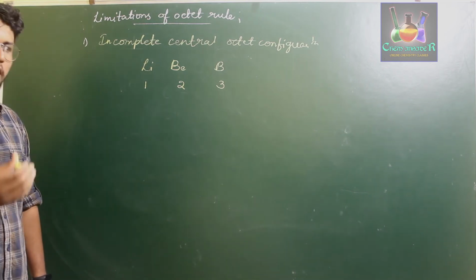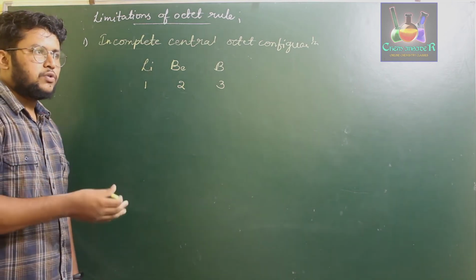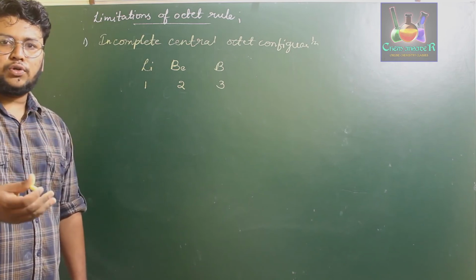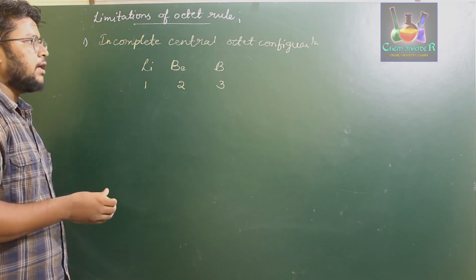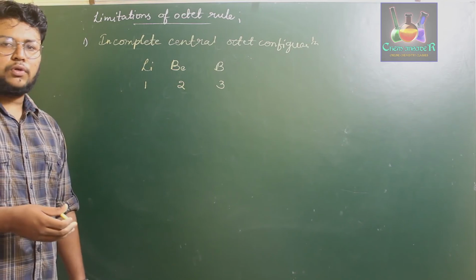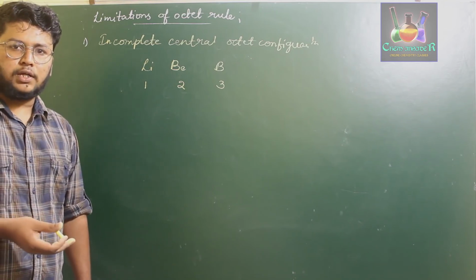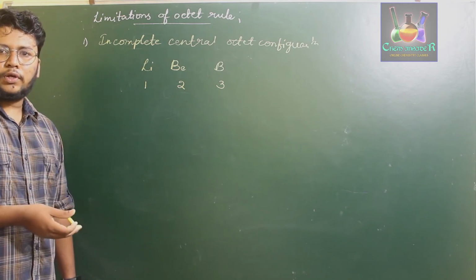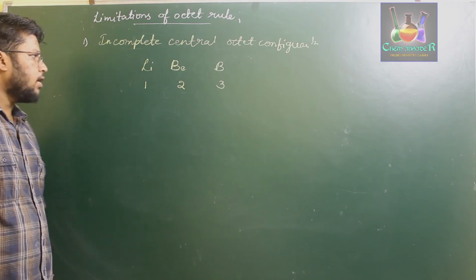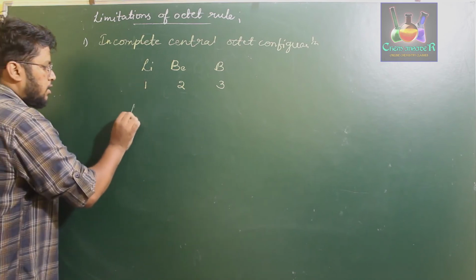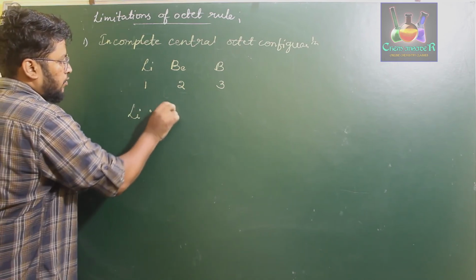Here we can say that for the first group, with valence electrons 1 and n equal to 2, it has a duplet structure. But if you have to follow the octet rule, the n equal to 2 period, which has 2s and 2p empty orbitals, should also follow the octet rule for forming certain compounds. Like if you consider lithium chloride, lithium shares 1 electron with chlorine.